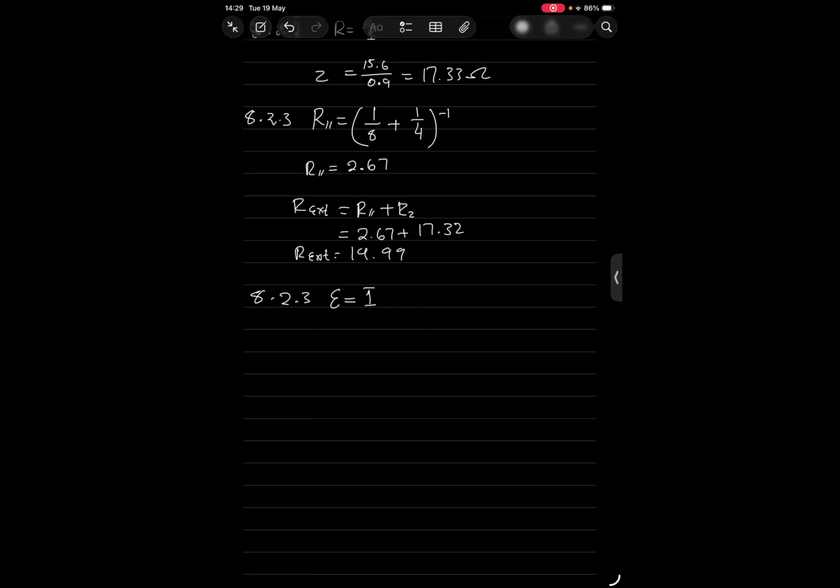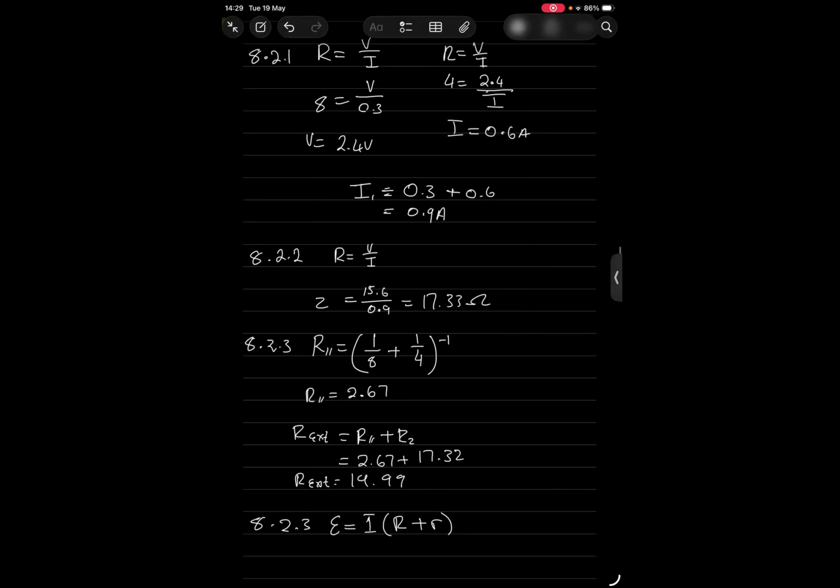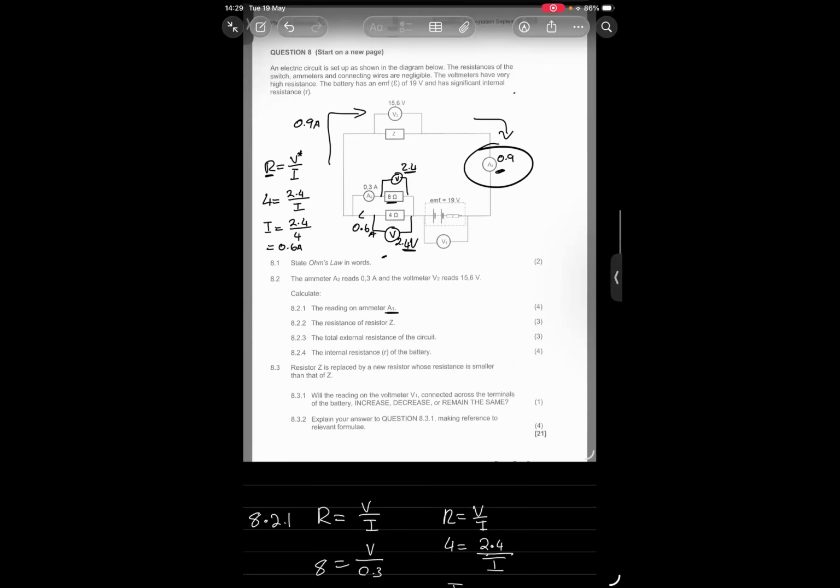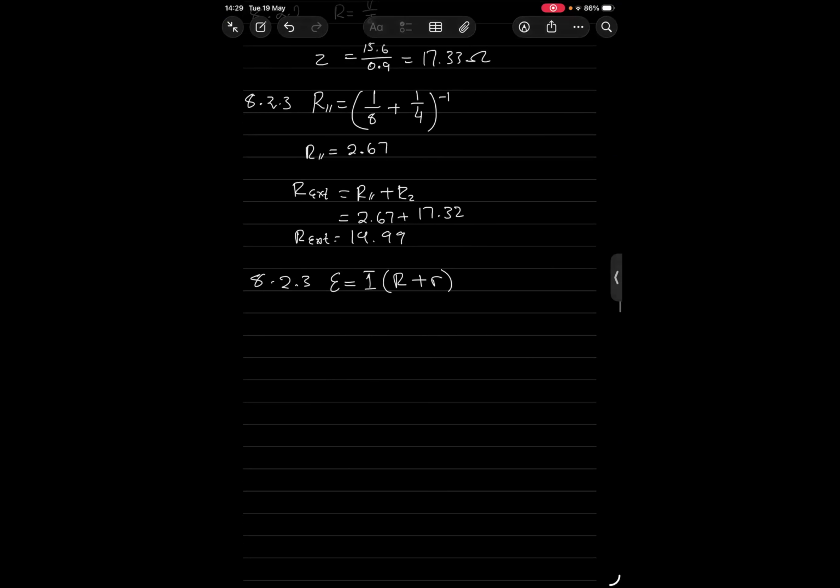R plus r, right? Yes, and already we have 19.99 and 0.9 total current, so that is 0.9 times (19.99 plus r).